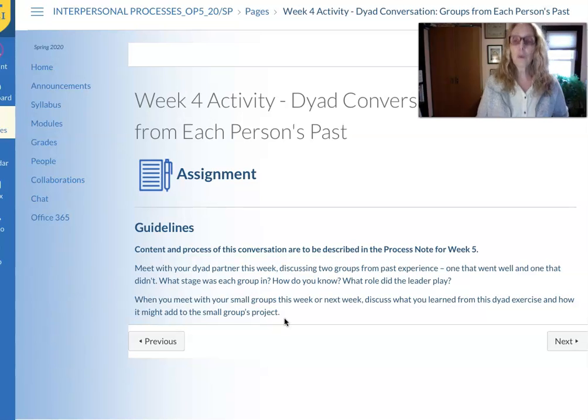Something I do want to mention: groups often get caught up focusing on, we have this presentation and we have to get it done. Let's stay focused on the presentation. Don't be talking to each other and getting to know each other or working through your issues. Just work on the task. I want to say to you, do not do that. The path to the task goes through the process of the group.